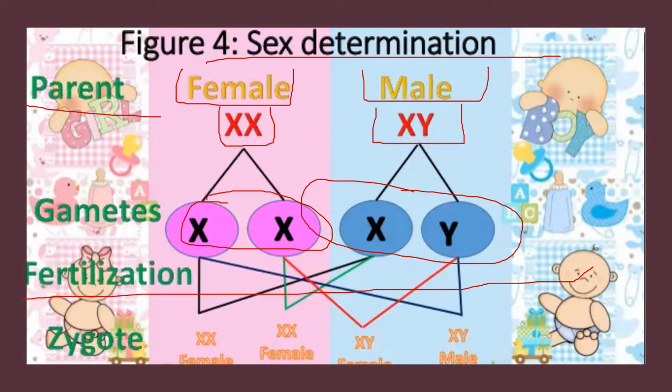So during fertilization, ito yung zygote, no? So if it's the X sperm, magmi-meet siya dito sa ova ng female, that would be a female. So again, if it's the X ulit, XX female.